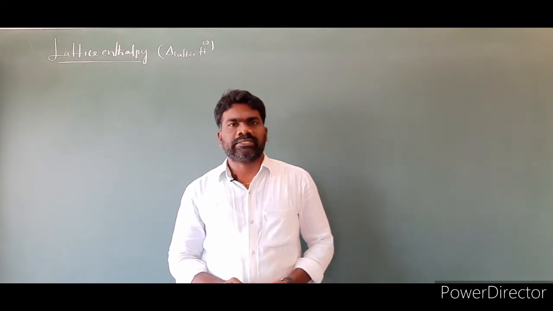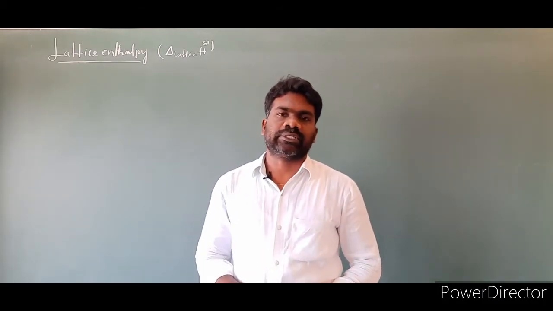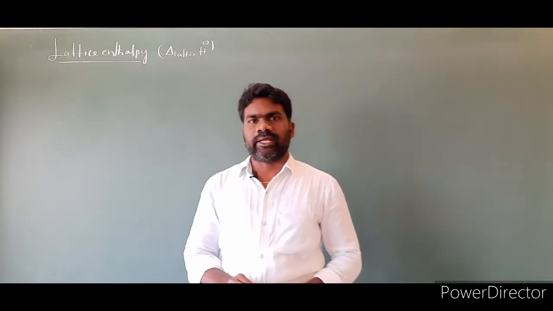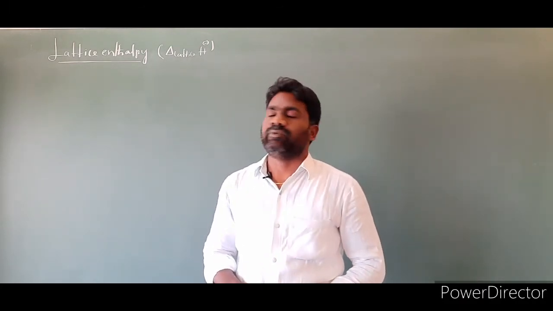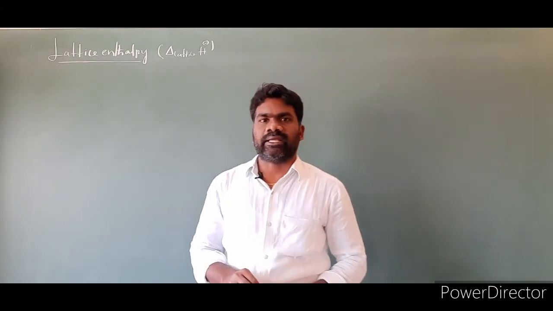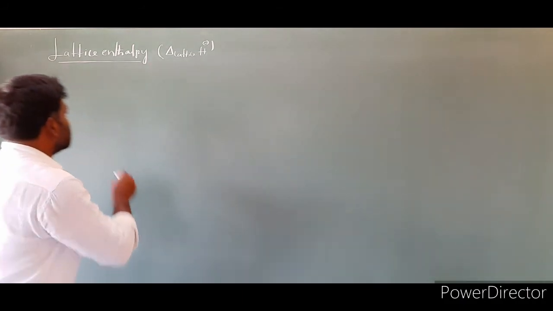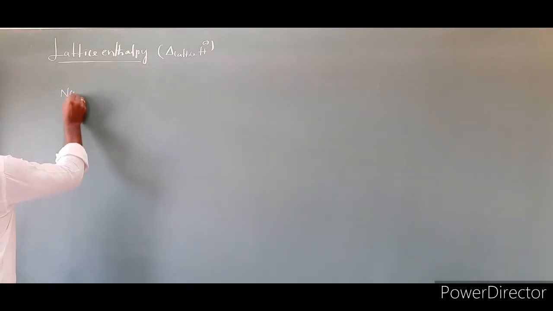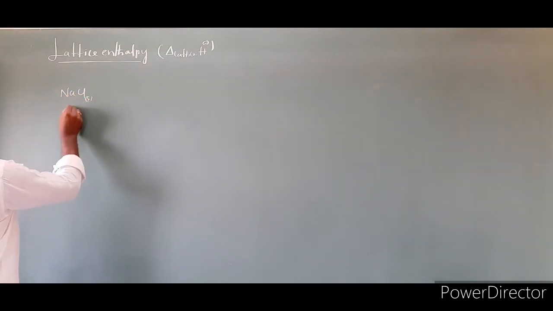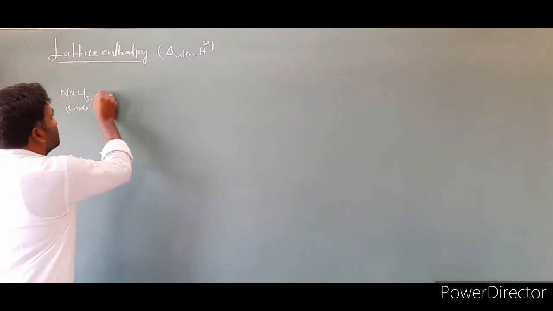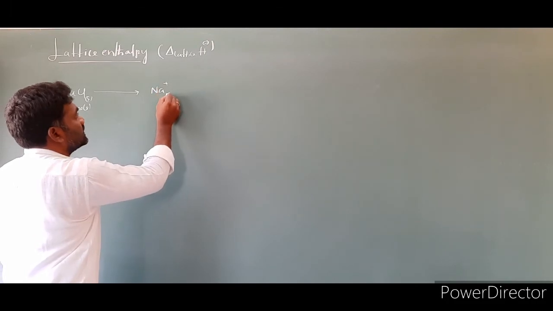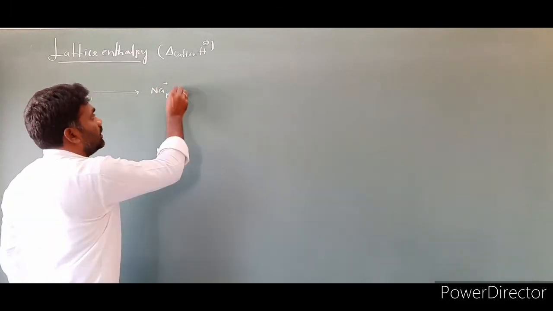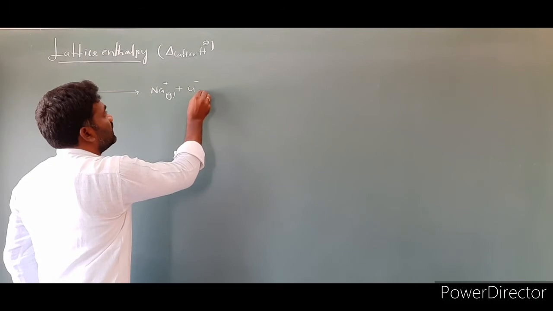The lattice enthalpy is defined as the energy required to separate 1 mole of solid ionic compound into gaseous constituent ions. Let us understand the exact meaning of lattice enthalpy by taking an example. I am taking sodium chloride, NaCl, in a solid state, 1 mole. I have to convert this NaCl into Na plus ion in gaseous state and Cl minus ion in gaseous state.